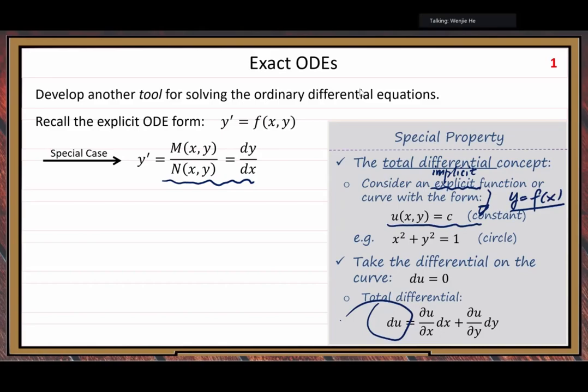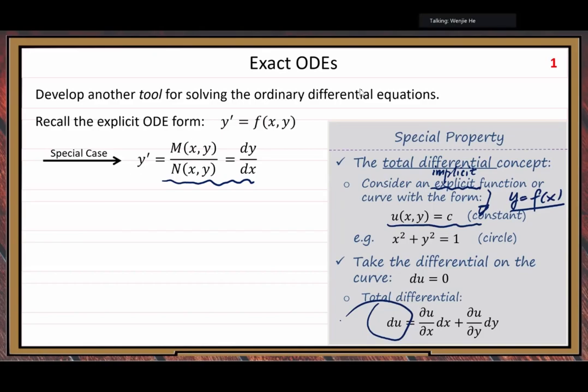A sum of 2 differentials. This differential form could take various different forms, right? Arbitrary differential forms. Sometimes you may not be able to write it as a du.